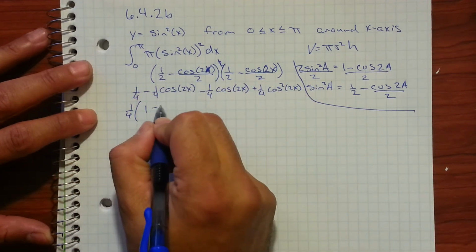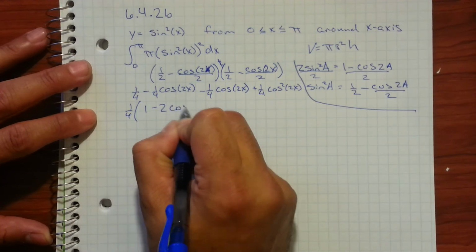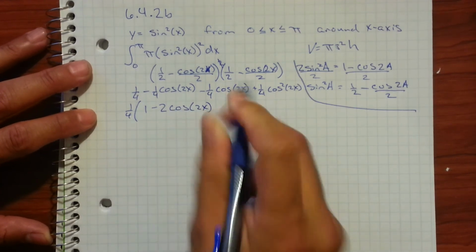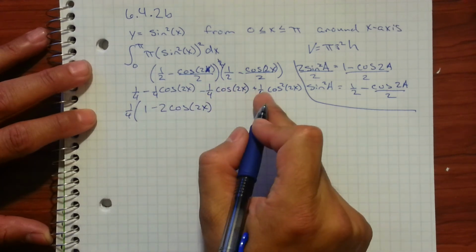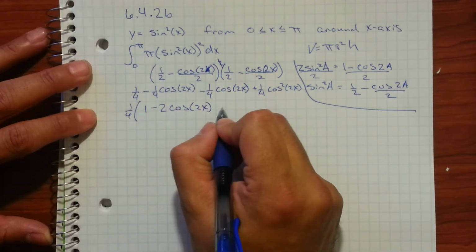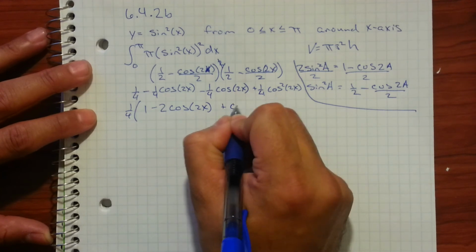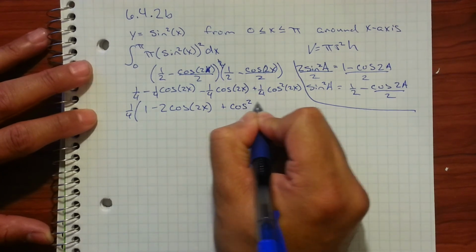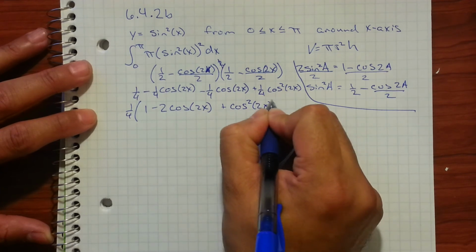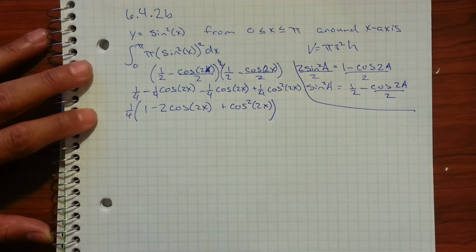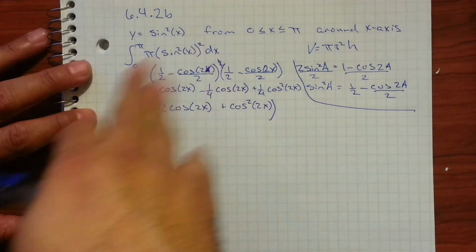So it's going to be a minus 2 cosine 2x. That gives me that and that. And I'd factor out that 1/4. It's going to be plus cosine squared 2x right there.